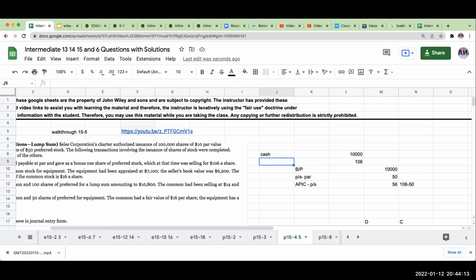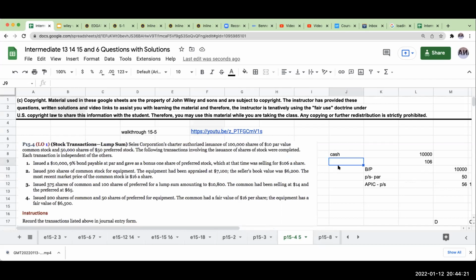Well, in terms of this bond, this is going to end up being a discount on bonds payable. Again, this reflects the fact that we gave a share of preferred stock, even though the amount is relatively de minimis. This is how we're going to record the transaction.